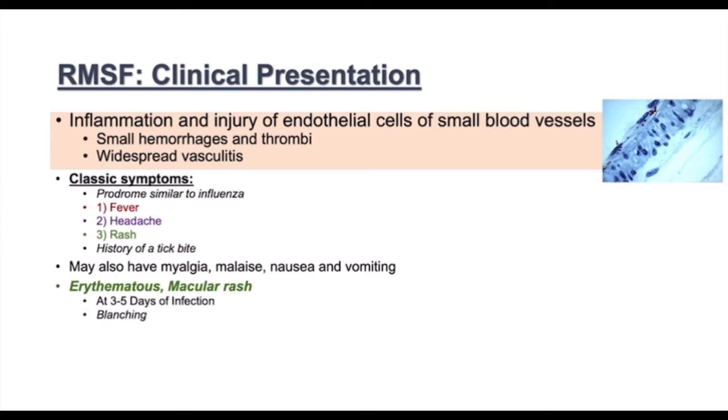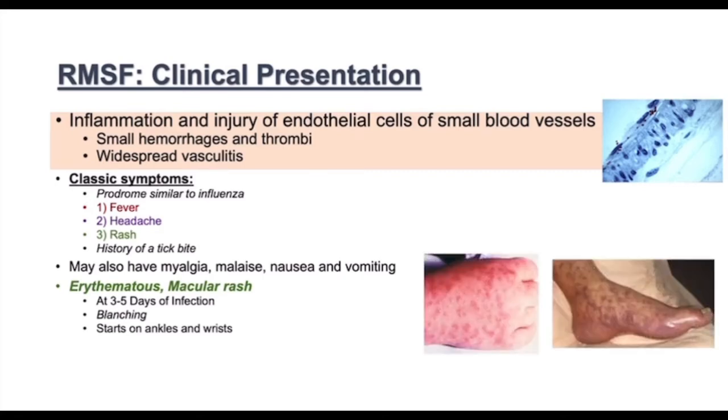If we push on the rash, we can actually blanch it. And the rash starts on the extremities, generally the ankles and the wrists, and it will proceed centrally. So it'll start from ankles, wrists, or palms or soles, and it spreads toward the trunk. So it spreads toward the arms, the legs, and the chest.